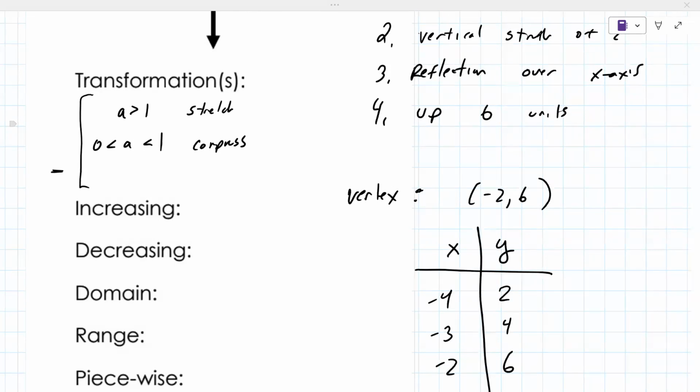Let me graph this really quickly. So this would be opening down.